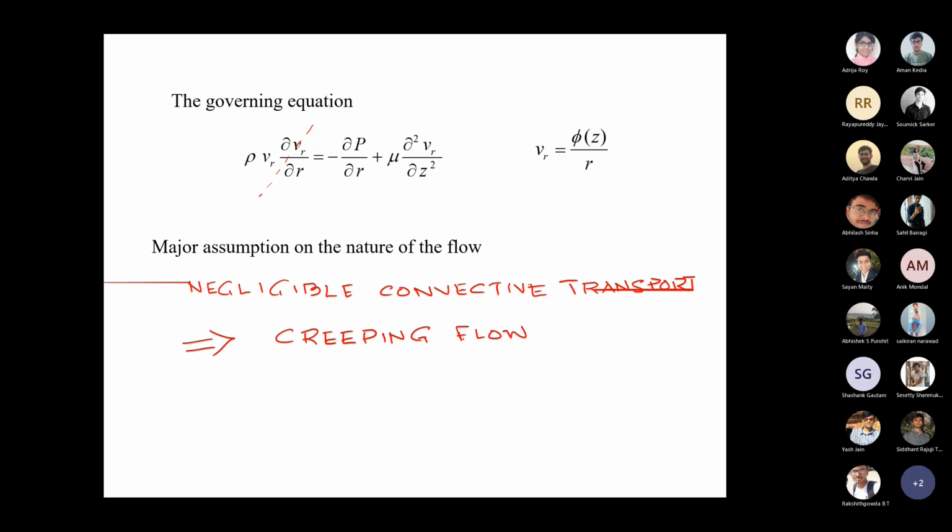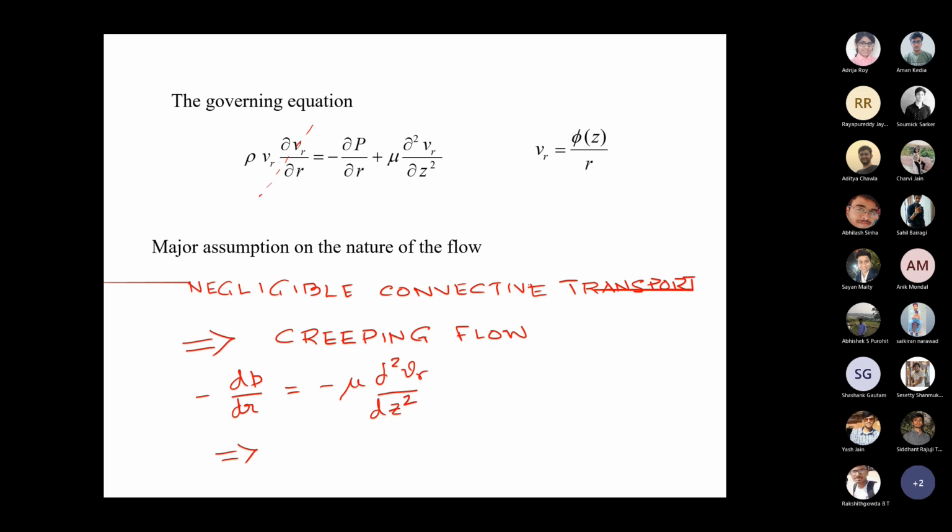Now, my governing equation would simply be dp/dr equals, and you would be able to solve this equation with the two boundary conditions.